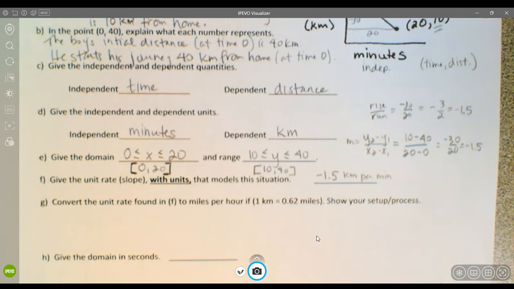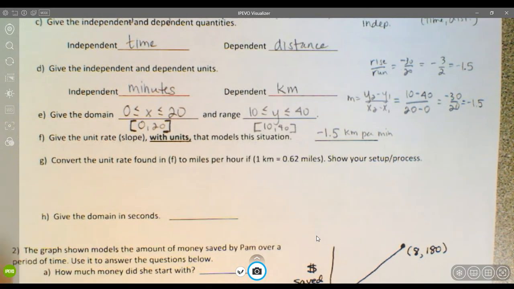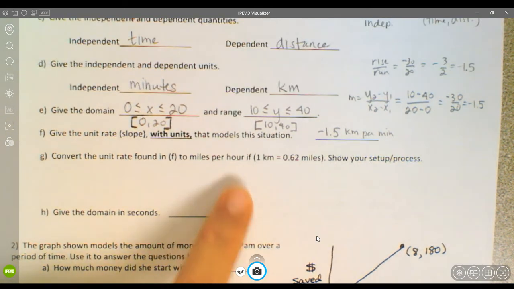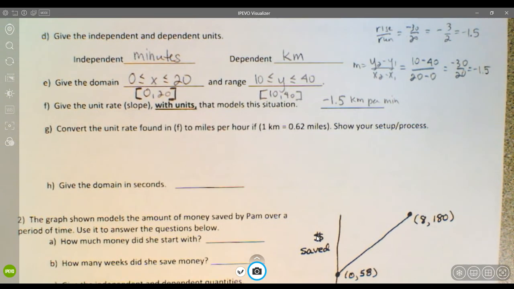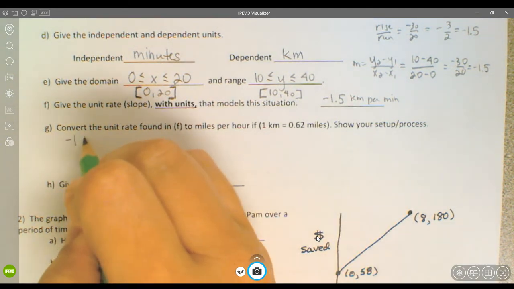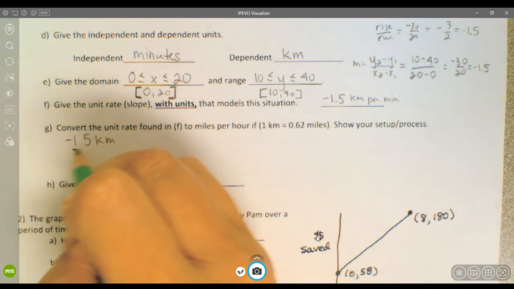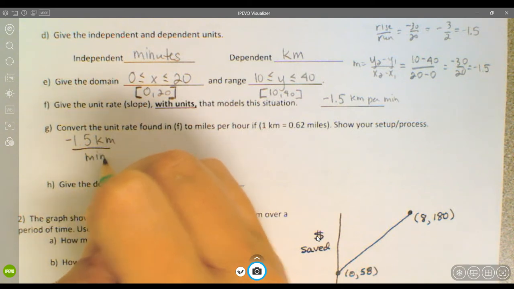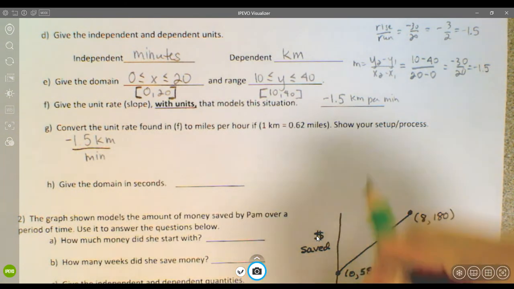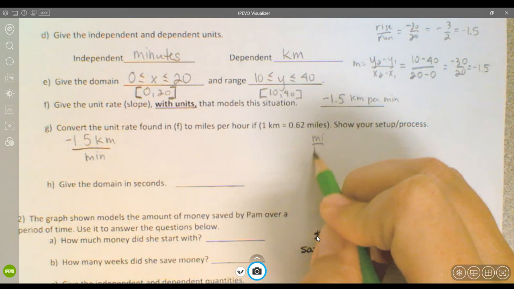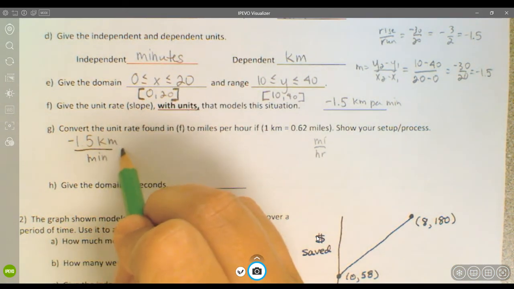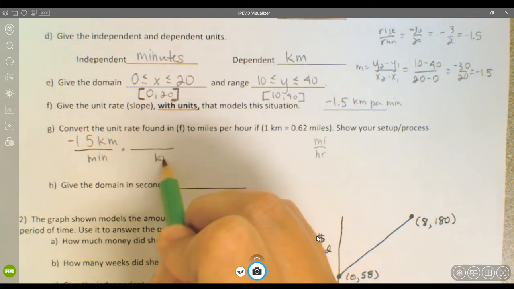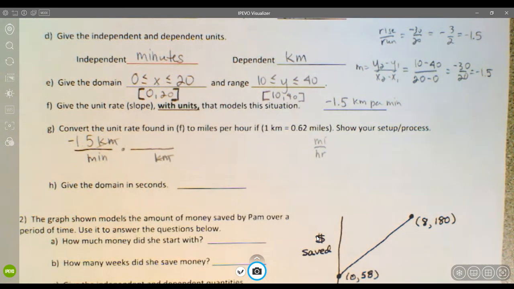G, convert the unit rate found in F to miles per hour. Well, dang, we're looking at Unit 1 again. So let's look at 1.5 kilometers per minute. I need to turn that into miles per hour. So let's start with the kilometers. If I have kilometers in the numerator, I need kilometers in the denominator for those to divide out.